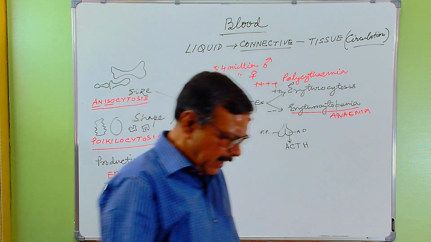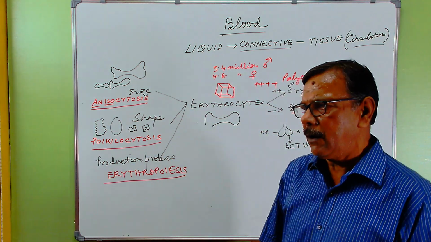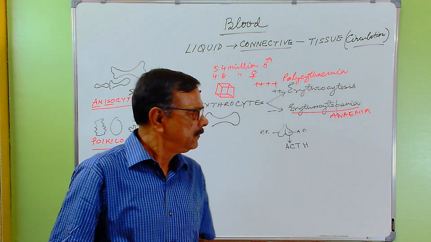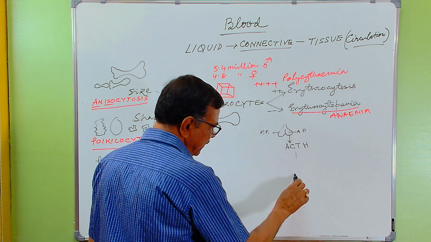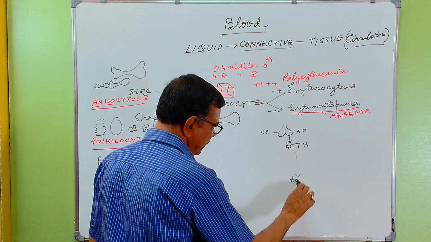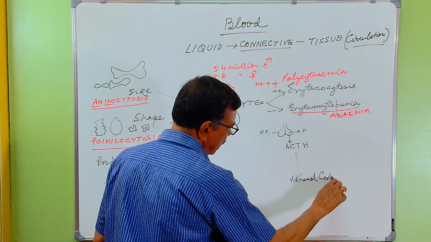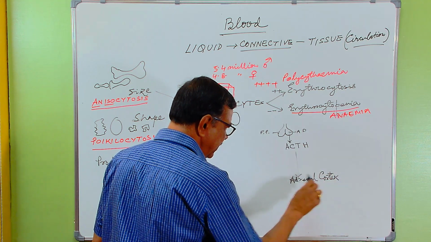Why is it called a tropic hormone? Because where it is produced, it does not act there. It acts on a distant area. This is the adrenal cortex.